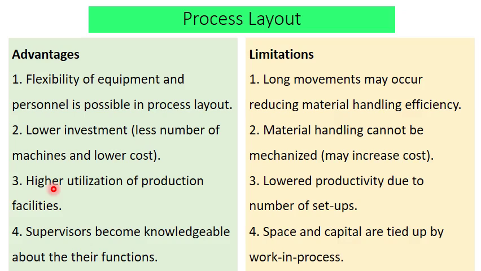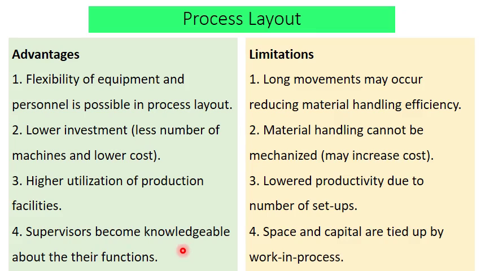In the process layout, we are not using specialized purpose machines dedicated to a single product, so we can alternatively use those similar purpose machines. And higher utilization of production facilities. Supervisors become knowledgeable about their functions.